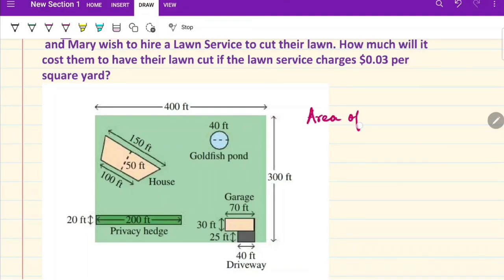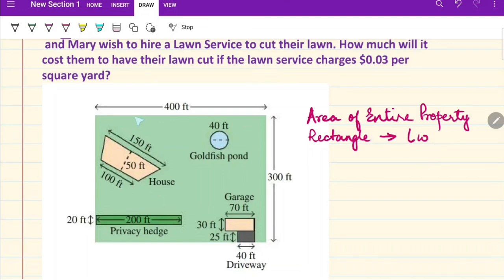Area of the entire property is going to be length times width. That's the area of a rectangle. So let me first write the formula. The area of a rectangle is length multiplied by width, length times width.